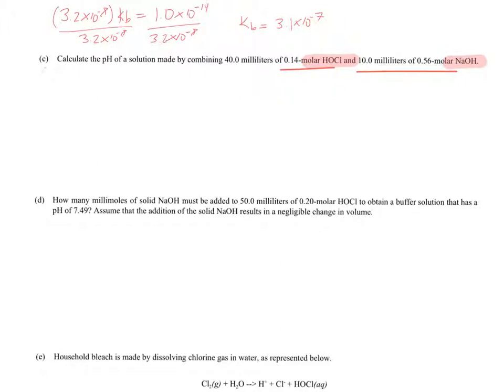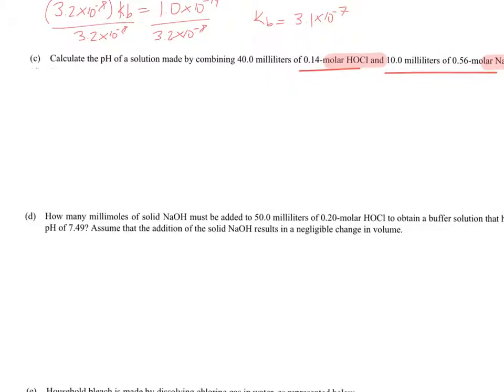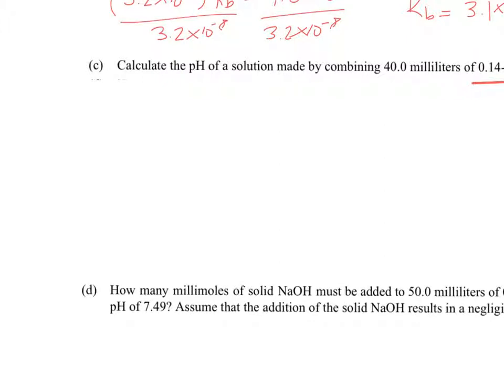First off, I want to determine how many moles of acid and how many moles of the titrant base are being used after they've been mixed together. So first thing I'm going to do is take the 40 milliliters, 0.040 liters, times its molarity, 0.14.